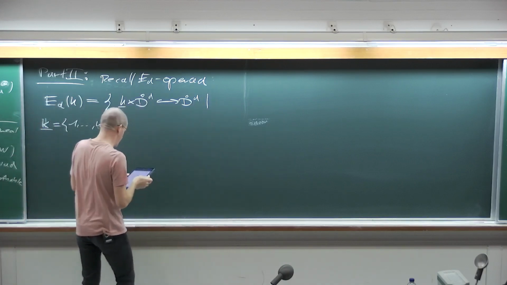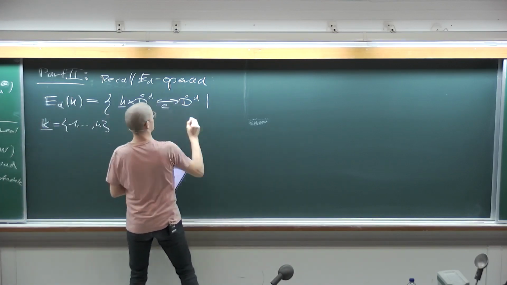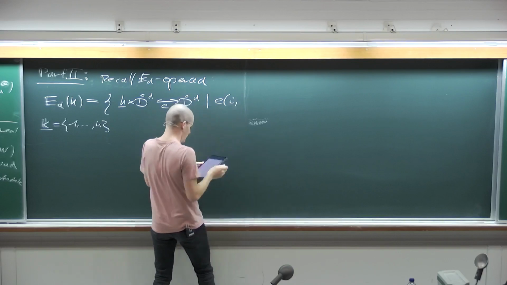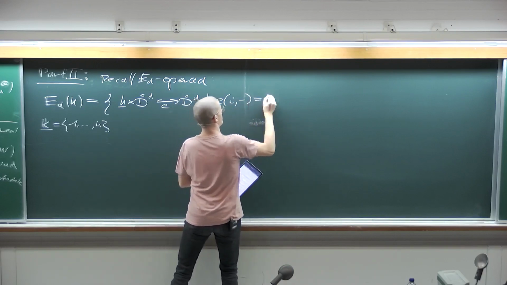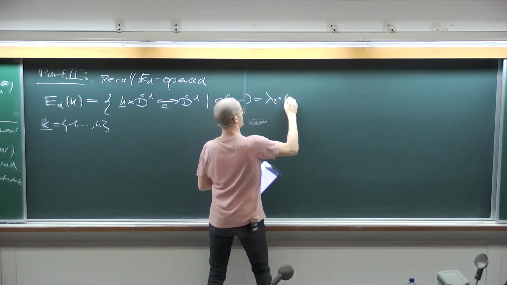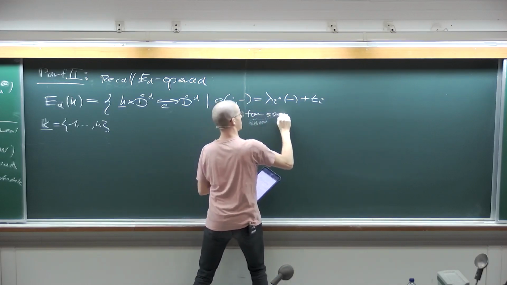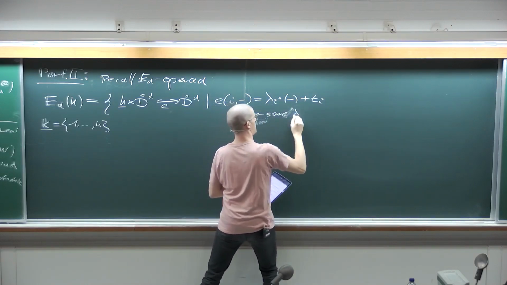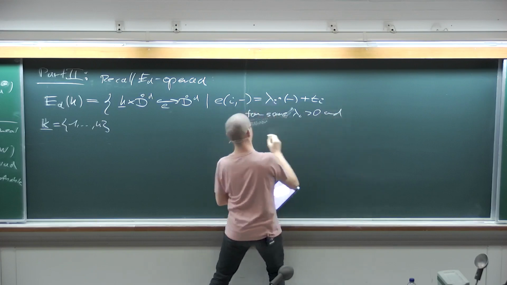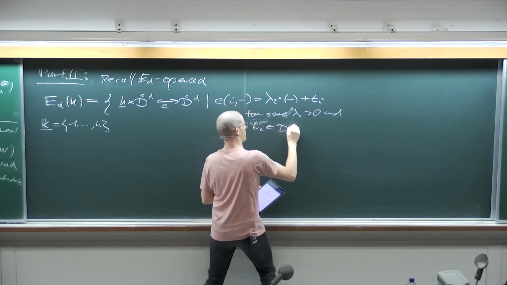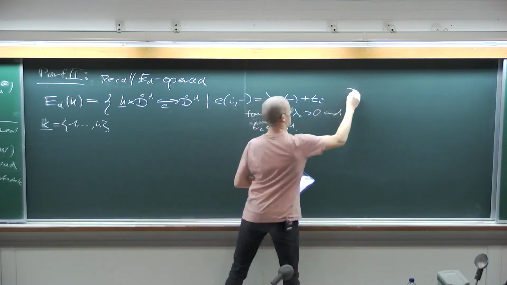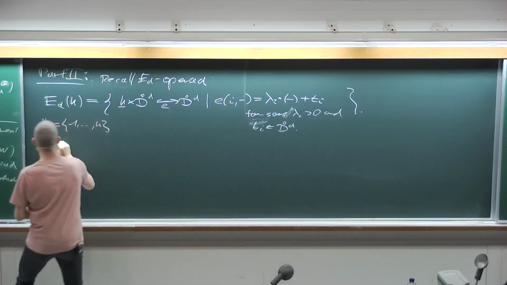I want them to be rectilinear, which means each of the embeddings has to be a scalar multiple plus translation, for some positive scalar and some t_i in R^d. And the operad structure is by composition.